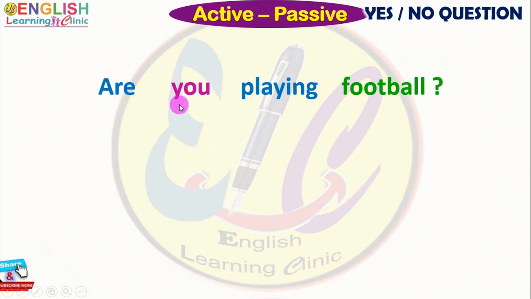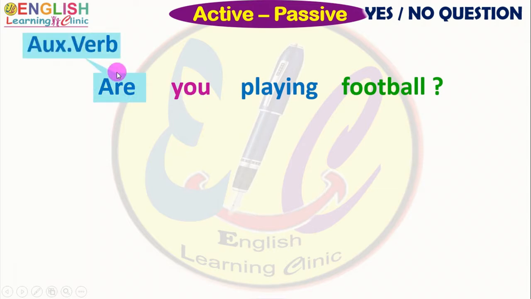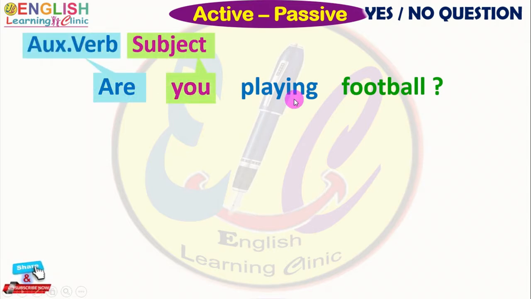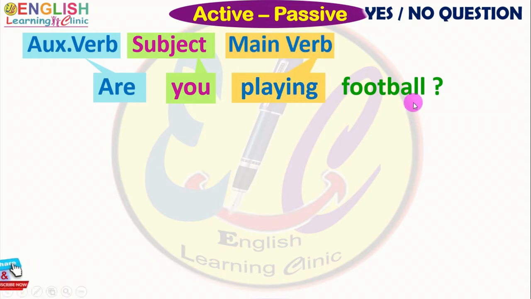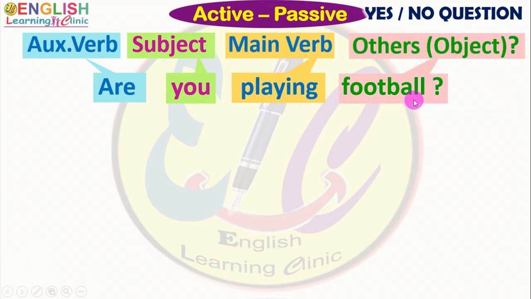This is a question. Are you playing football? The punctuation mark, that is the note of interrogation, clearly shows that this sentence is an interrogative sentence. And also the structure of this sentence is first auxiliary verb, next subject, next the form of the main verb, and next comes others, that is object, complement or adverbials.